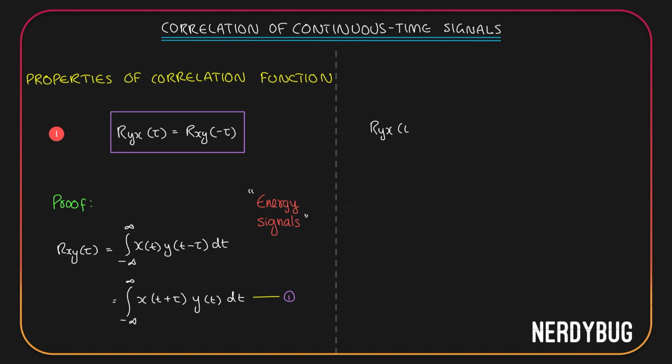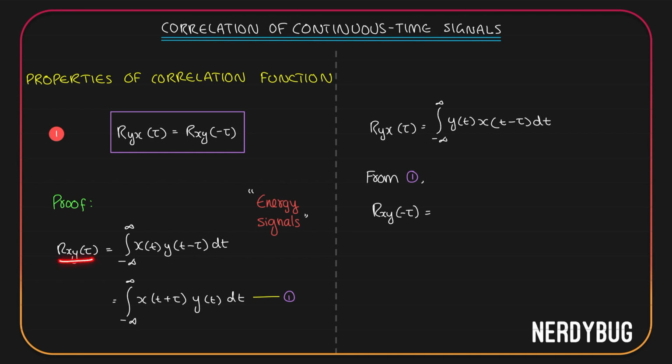Now let's write r yx of tau. It will be integral from minus infinity to infinity y of t x of t minus tau dt. Here we took y of t as such, shifted x of t towards the right by tau units. Now from equation number 1, we can write r xy of minus tau.